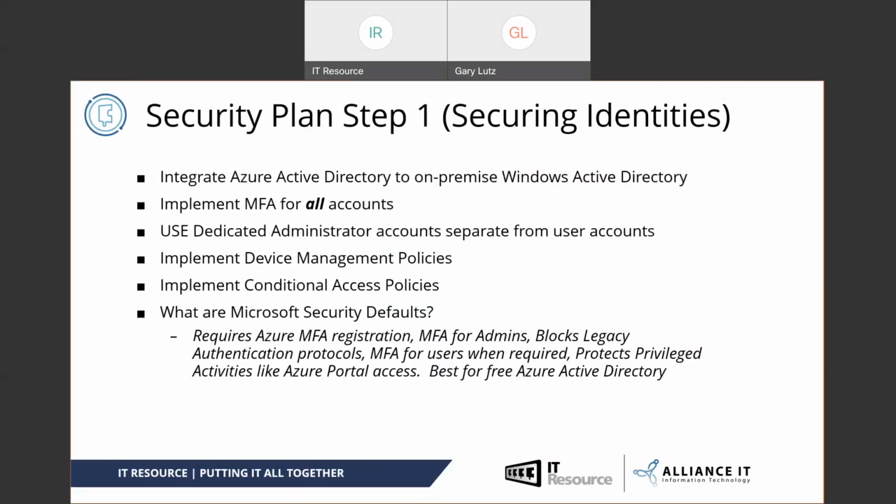So the best thing you want to do is integrate that. If you have an on-premise Windows Active Directory where your people log in every day to their computer, if that's in a domain, you want that domain tightly integrated, and we're going to show in the next slide how to do that. You want that tightly integrated because that is where the security starts.